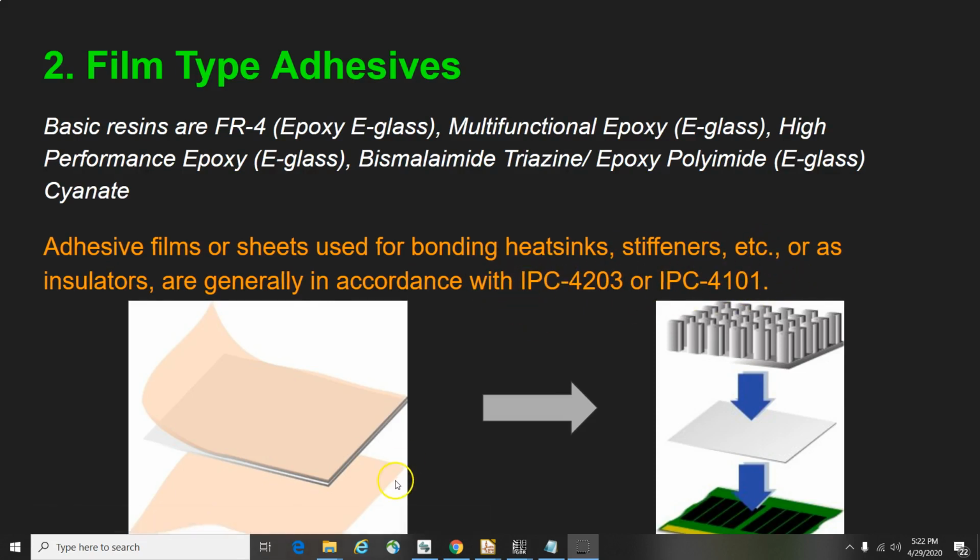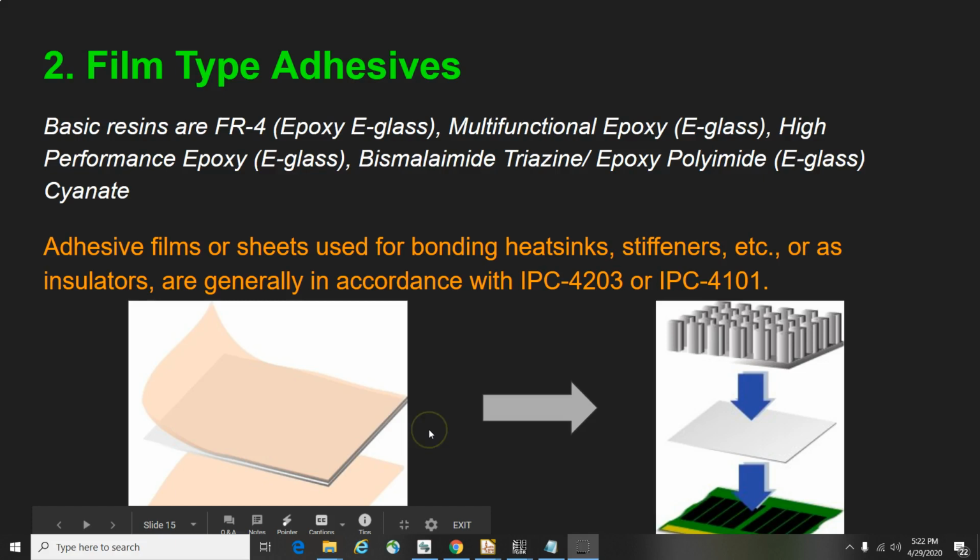And here in the picture you see a film type adhesive material, and this type has many uses in laminated structures.